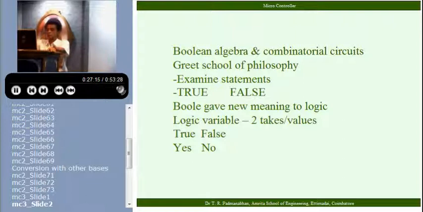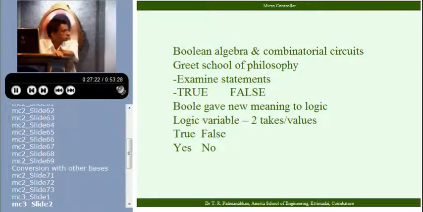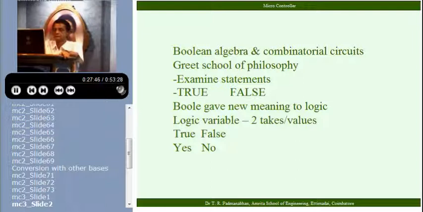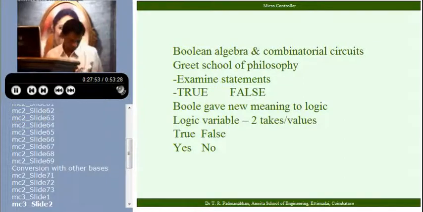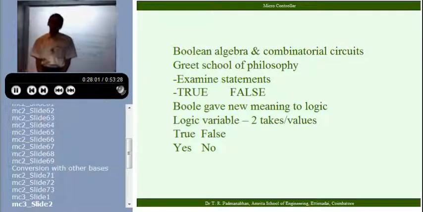The Greek school of philosophy, starting with Socrates, Aristotle and all that, is supposed to have put philosophy on a firm footing.